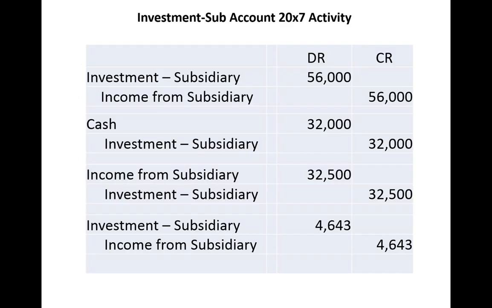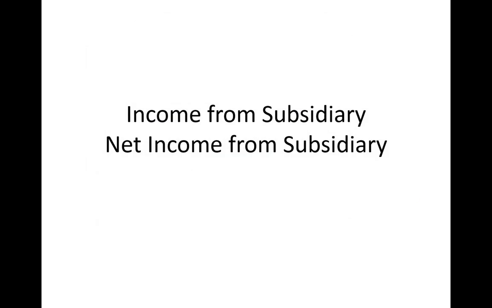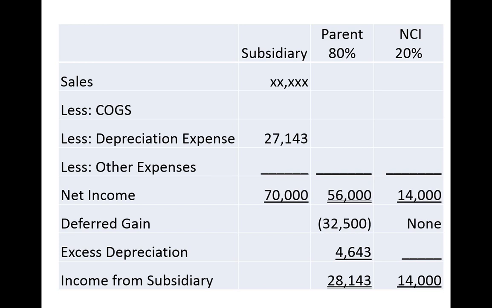So if we recap the journal entries, we get the following. And let's look at the reconciliation. I think it's going to be a little clearer if we do this. If you see the sub's net income of 70, and we take this 4643, I've listed the depreciation here for you.